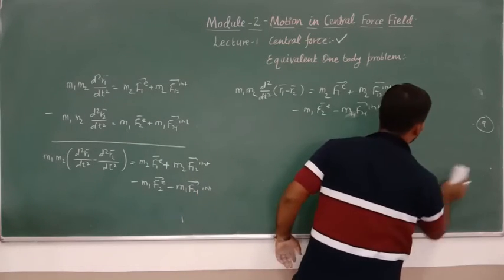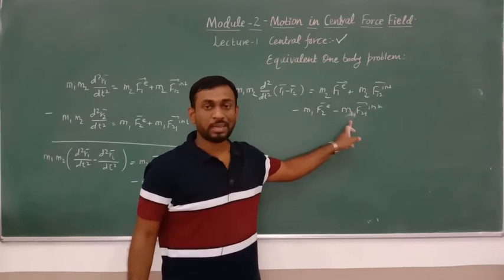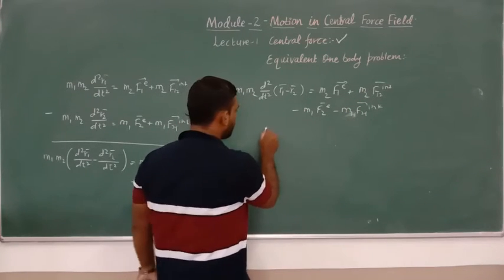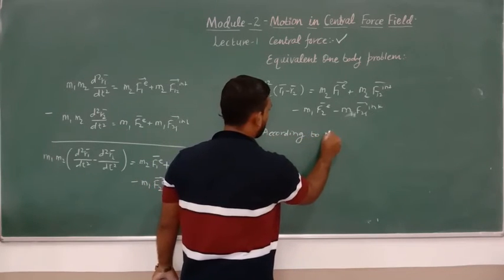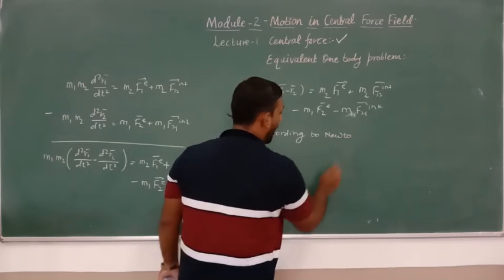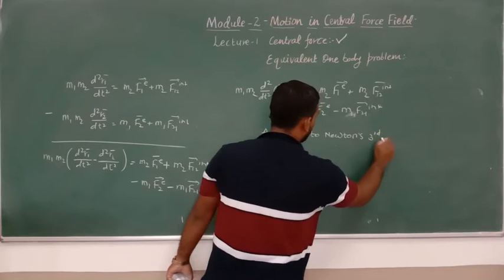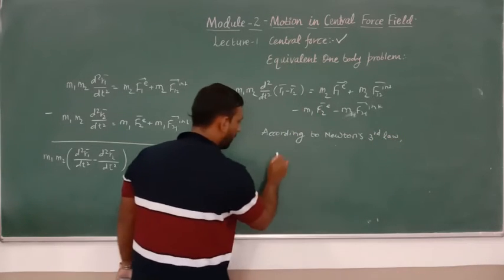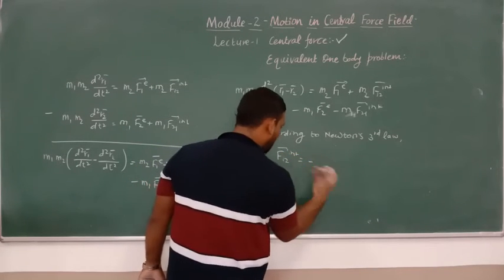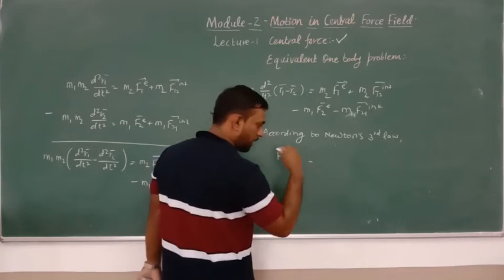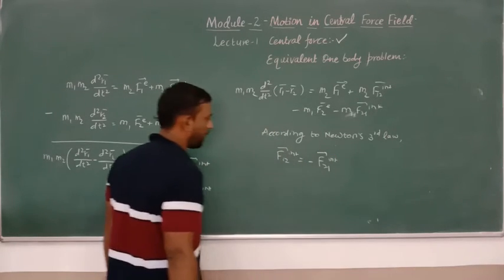Okay, but f12 and f21 are equal in magnitude but opposite in direction, according to Newton's third law. Those are the action reaction forces. According to Newton's third law, f12 internal is equal to minus f21 internal, since the minus sign indicates it is opposite in direction.